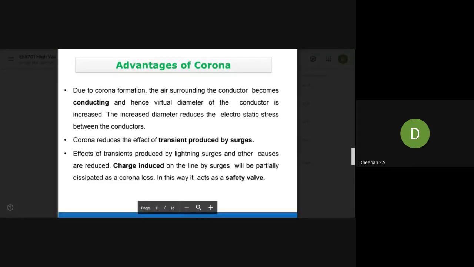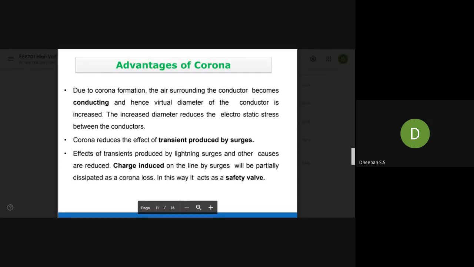So the next thing we will be dealing with is the advantages. The main 3 advantages have been given. In general, due to corona formation, the air surrounding the conductor becomes conducting.